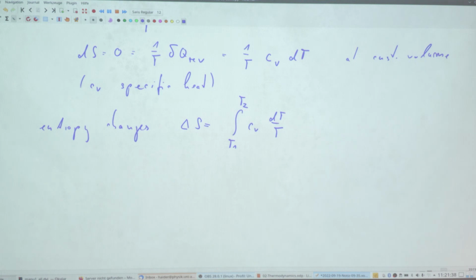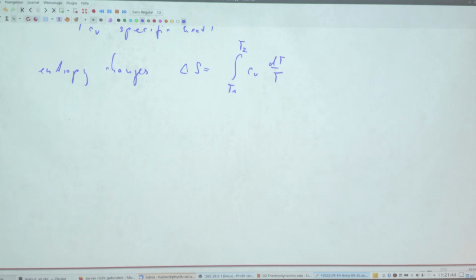So for example, if we want to go through a melting transition and calculate the whole change in entropy, you can integrate along the temperature axis. Here's the internal energy, and CV is a derivative of U with respect to T. You have something like this here, for example, in a phase transition.